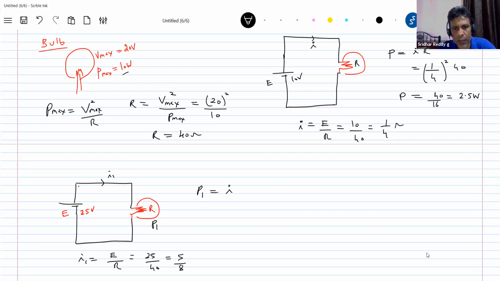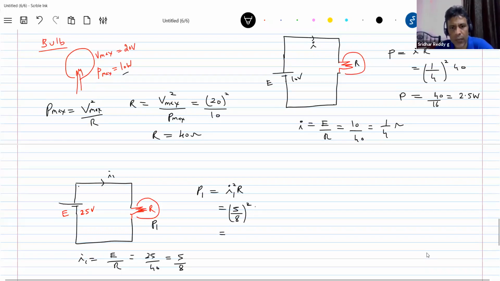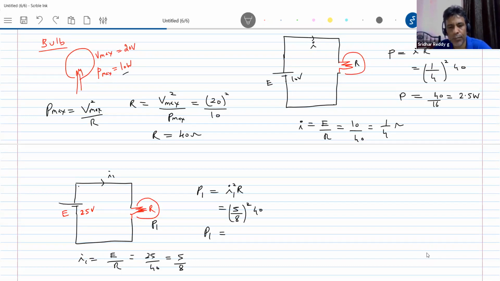P1 equals I1 square R, so this will be 5 by 8 whole square into R. The value of R we got is 40. Anybody value P1? 125 by 8.